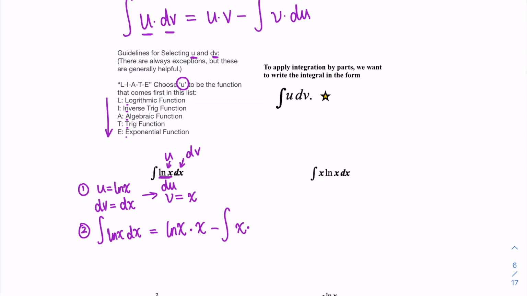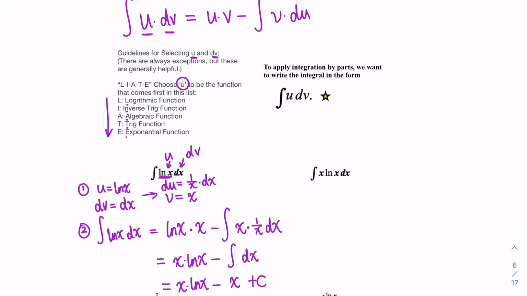So du here will be 1 over x dx. This gives us x ln x minus the integral of 1 dx, which is x ln x minus x plus constant c.